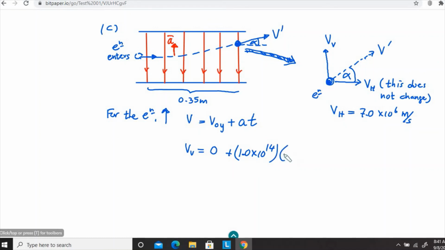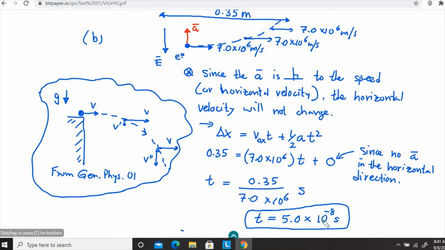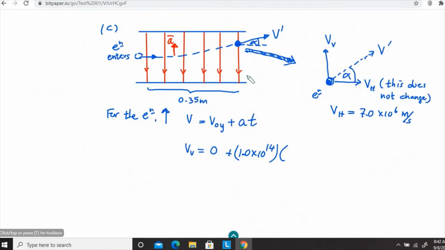And the time we figured that also. We got the time as 5 times 10 to the power minus 8. So the time does not change, right? When the particle moves from this point to this point, it takes 5 times 10 to the power minus 8 seconds. That's for the horizontal motion.